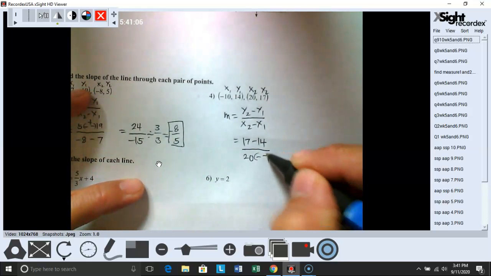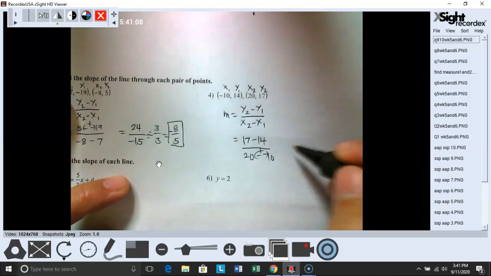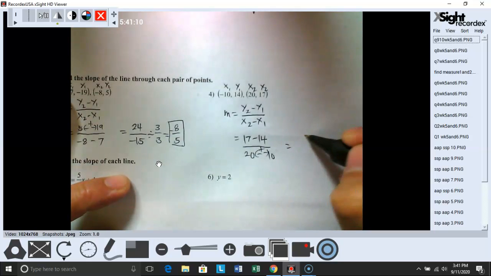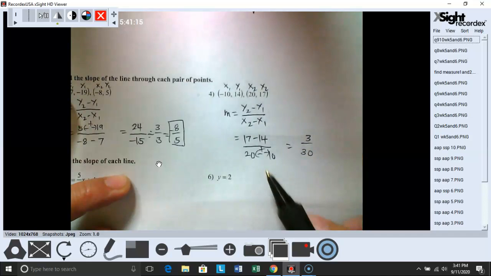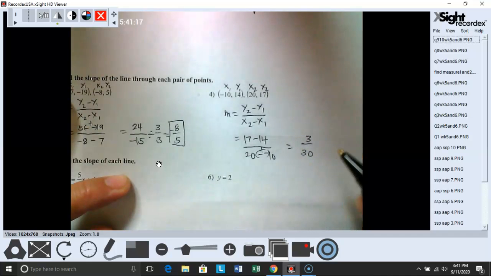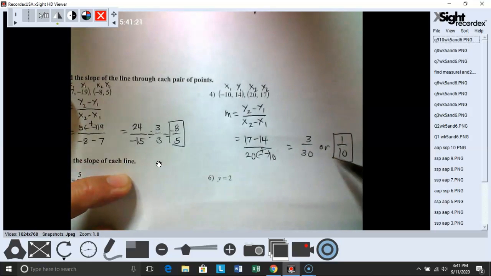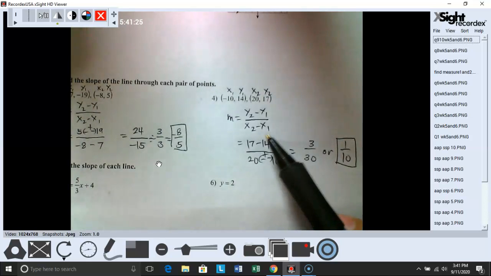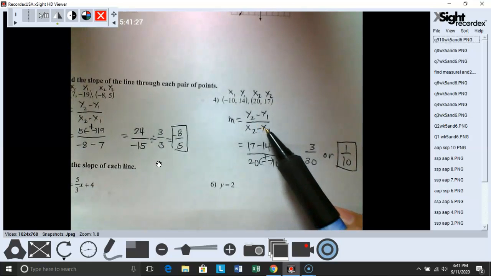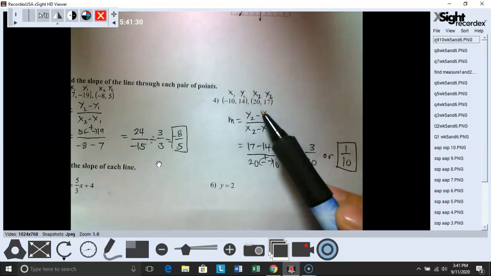So this becomes positive. How much is our answer here? That's 3 over 30. 20 plus 10, that's 30, or 1 over 10. So that's how we use our formula here, given 2 points.